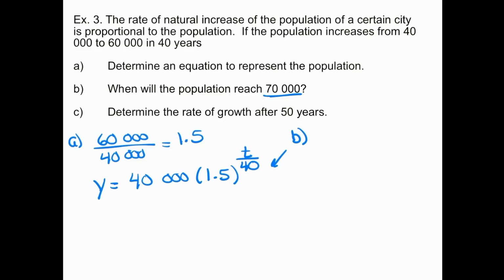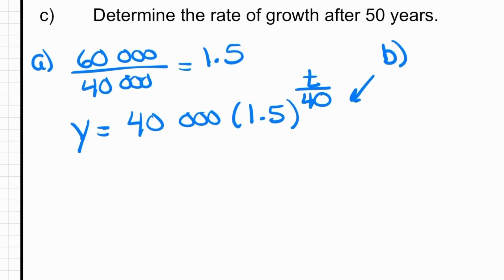Just before we move on to part B, I do want to show you, I kind of cheated a little bit when I did it the way I did it. So I found the ratio and I immediately plugged it in. If you wanted to do it the way we had been doing it, I'm going to show you that now. We could set it up the way we were doing it before, using the natural logarithm of each side.